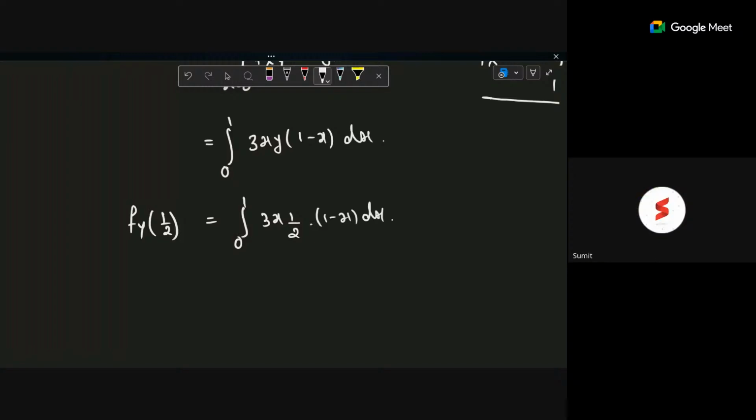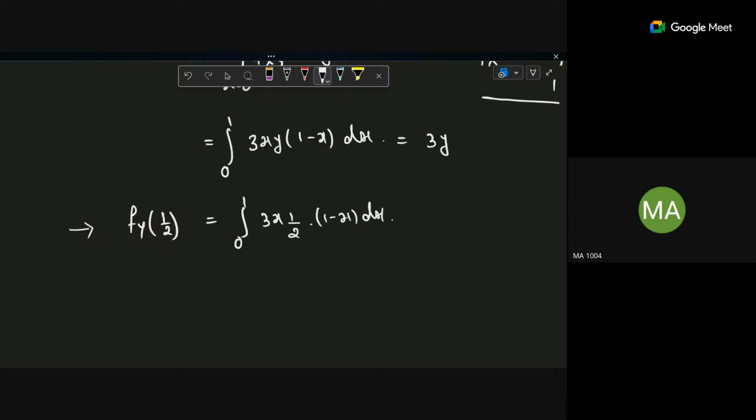It's not that complicated. Whatever the constant is, just keep it outside. You keep 3y outside, because you treat y as a constant when you are integrating over x.